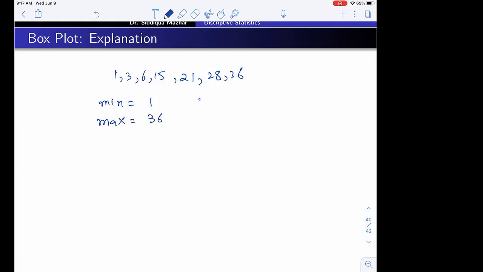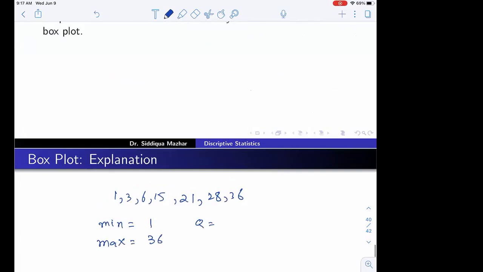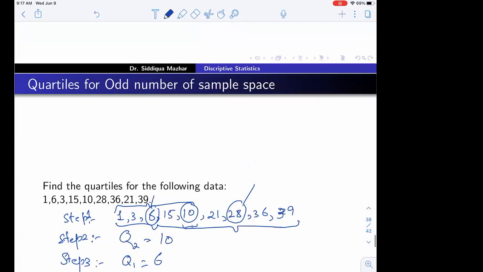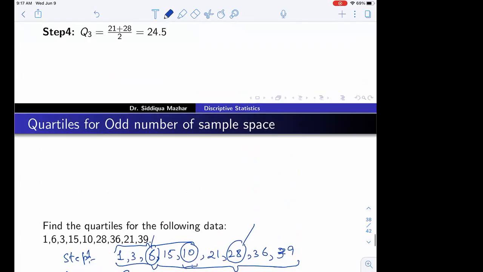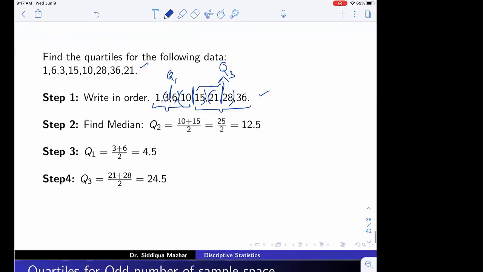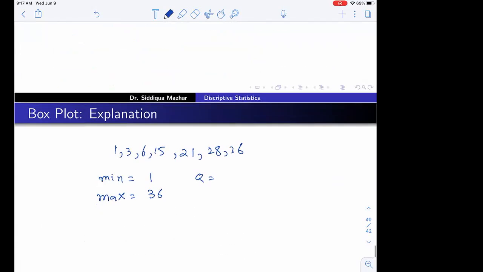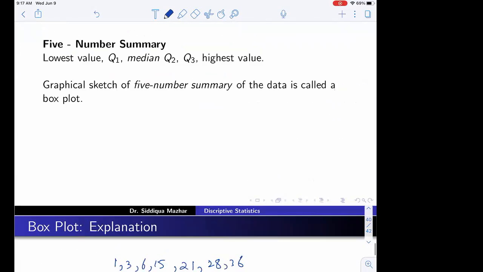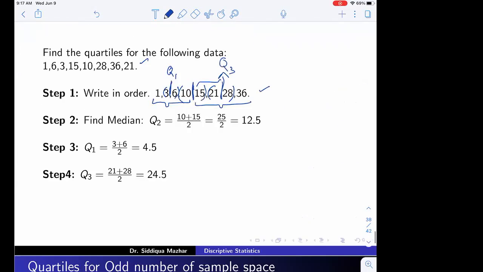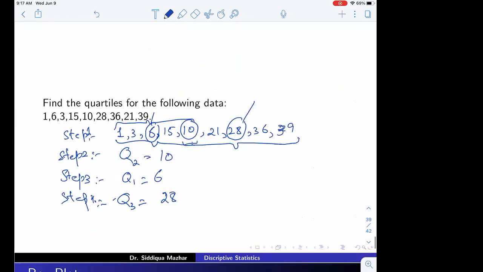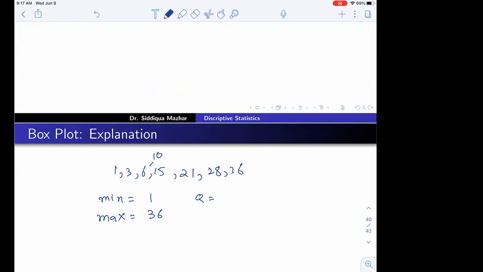Sorry, did I write all the values? One second. I didn't write down 10. Yes, it has 10 also.